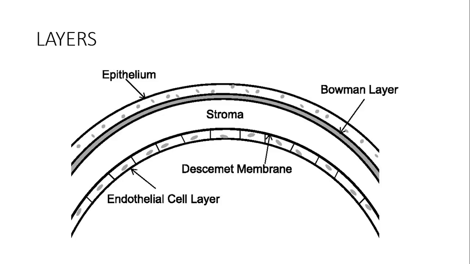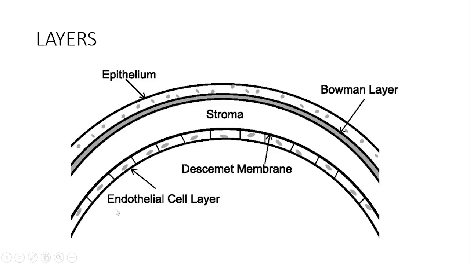So the endothelium does not regenerate once it gets damaged. It has microvilli. We should also know that the corneal endothelial cells number about 2,500 cells per millimeter square. And every year of our life, we lose 0.6% of this population.